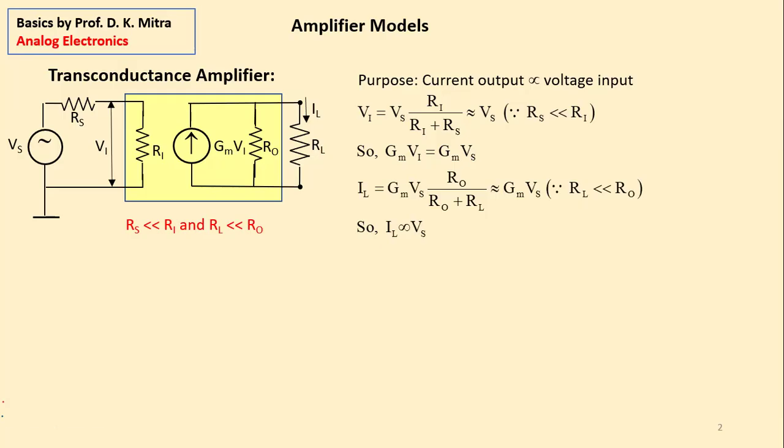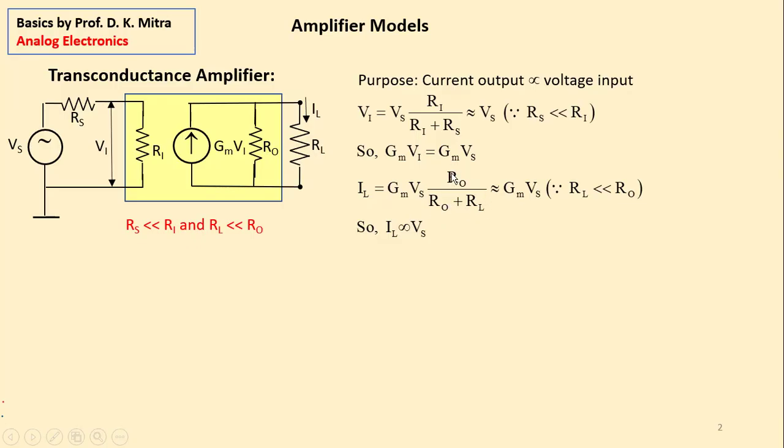And then the next part is also similar. Output current IL, if this current is GmVs, then output current IL will be GmVs multiplied by Ro divided by Ro plus RL.